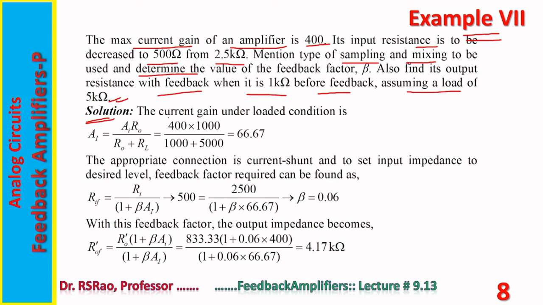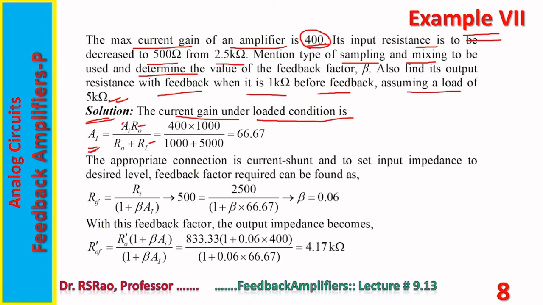Okay. Solution. The current gain under loaded condition. 400 is current gain under unloaded condition. Under loaded condition, it has to be evaluated. It turns out to be AI is equal to A small I R0 by R0 plus RL. RL is load, R0 is output impedance, A small I is gain unloaded.